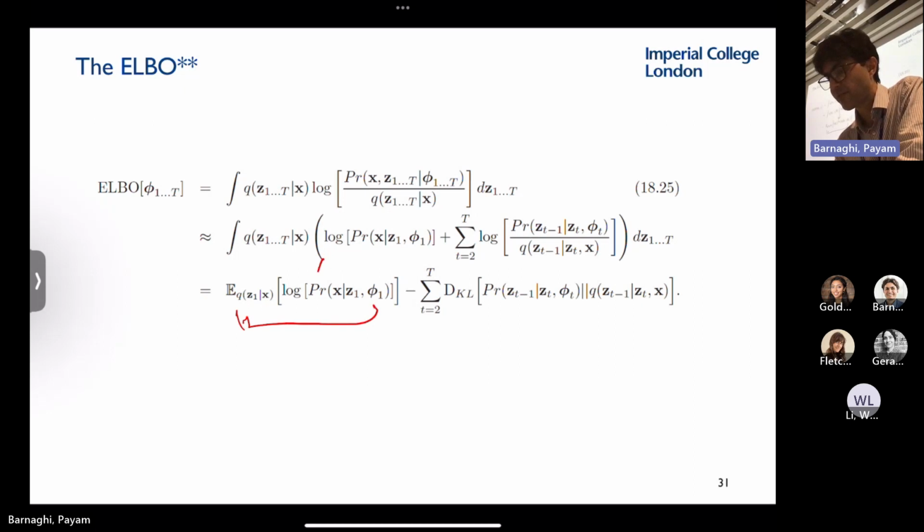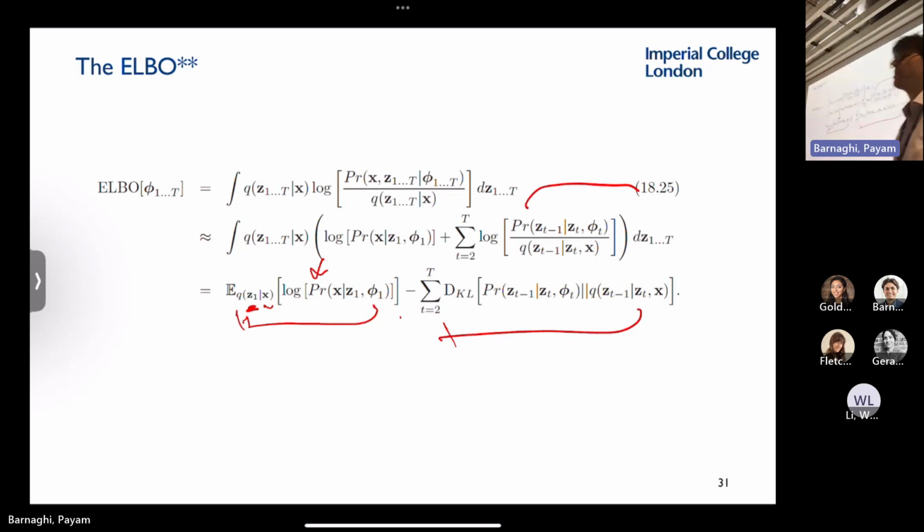This is the expectation of X, given X to find the Z1, minus the KL divergence. Basically, this is the KL divergence of these two probabilities. And we said the KL divergence is just how you calculate the distance between two probabilities. Right? And this will give you the evidence lower bound.